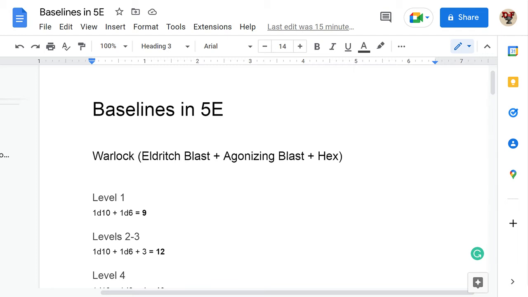The next is, as you get more blasts, it assumes that you can still have Hex applied on the subsequent blasts. For that to actually matter, it means that you are either hitting the same person with multiple blasts, you have not killed them, or if you have killed them, you've killed them on a subsequent turn from when you initially hexed them, so that you have a bonus action available to move it to your next target.